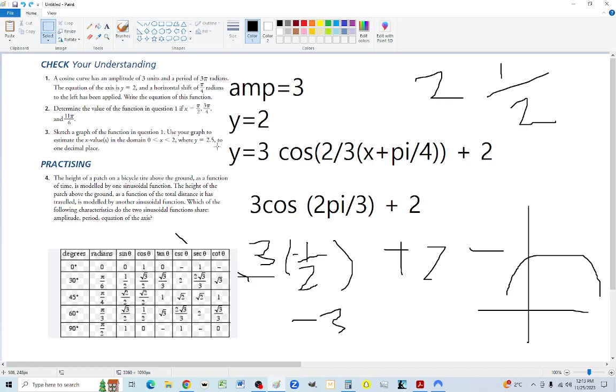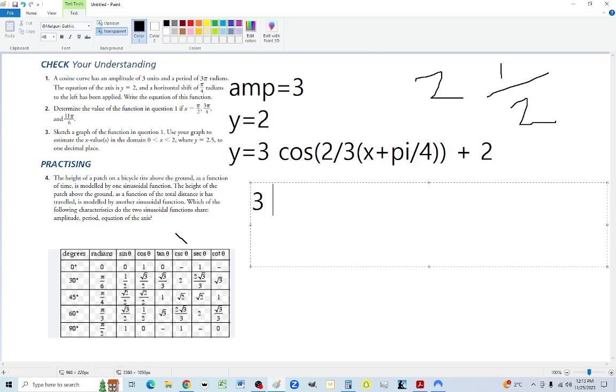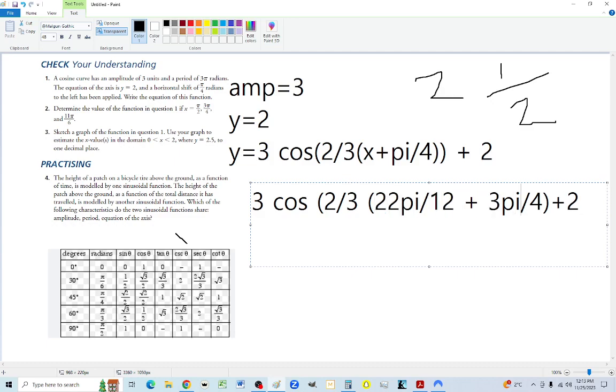Now we're going to do the more complicated one, 11 pi over 6. So we're going to do 3 cos 2/3 x, and our x is 11 pi over 6 plus pi over 4, plus 2. The easiest conversion here is to 12, so this becomes 22 over 12, and this becomes 3 pi over 12.